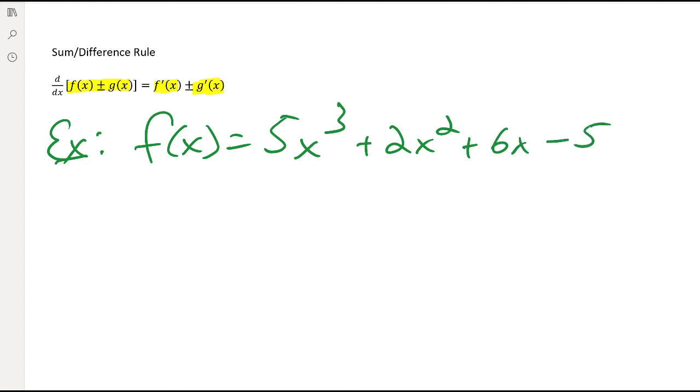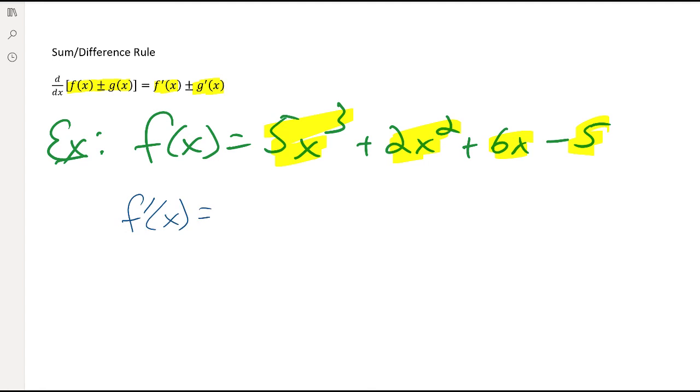Okay? I want to take the derivative of this function. So what do we do? We do the sum and difference rule. I like to refer to the sum and difference rule as a piece-by-piece rule. What that means is that I'm just simply going to take the derivative of each individual piece separately and combine my results. What does that mean? Here we go. F prime of x.